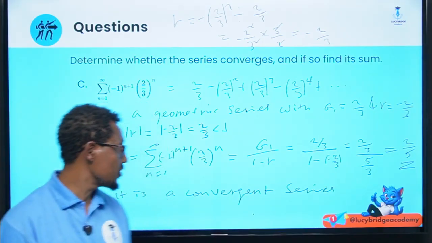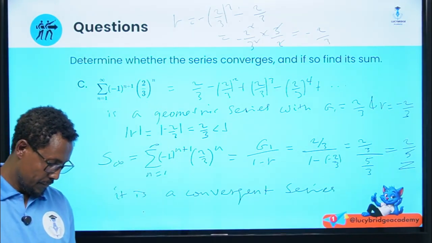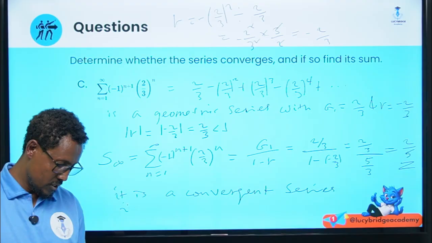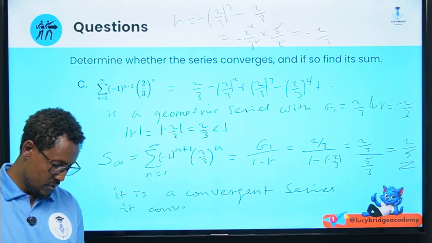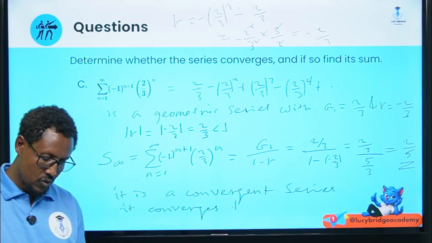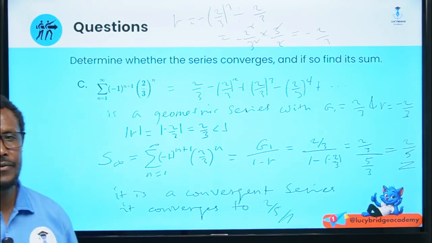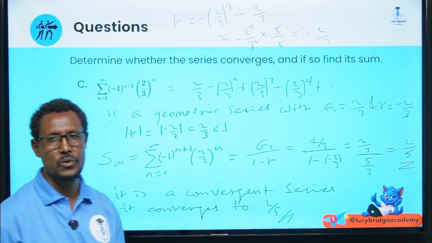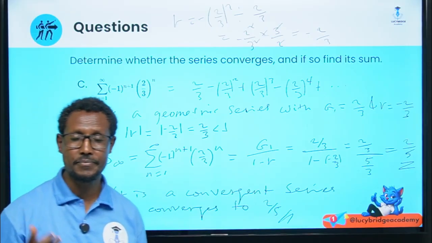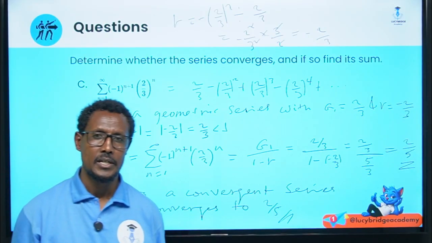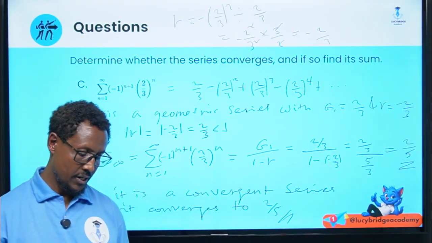It is a convergent series, and it converges to what? It converges to 2 over 5. It is a convergent series because the absolute value of the common ratio is less than 1. Yes, and it converges to 2 over 5.